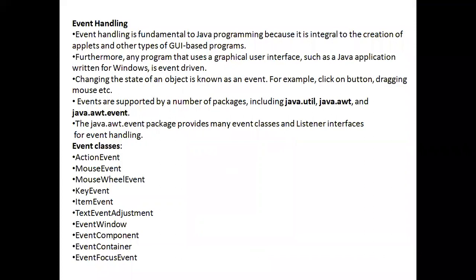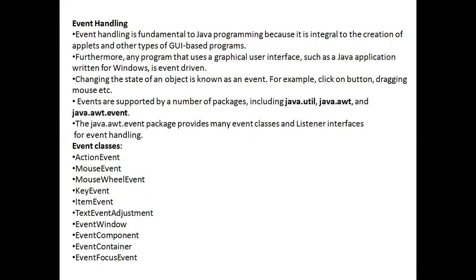Event handling is fundamental to Java programming because it is integral to the creation of applets. By using this event handling mechanism, we can create applets and other types of GUI-based programs. Furthermore, any program that uses a graphical user interface, such as a Java application written for Windows, is event driven.